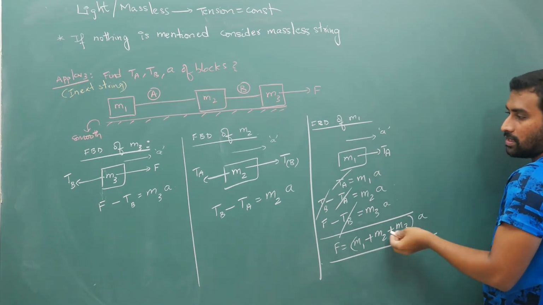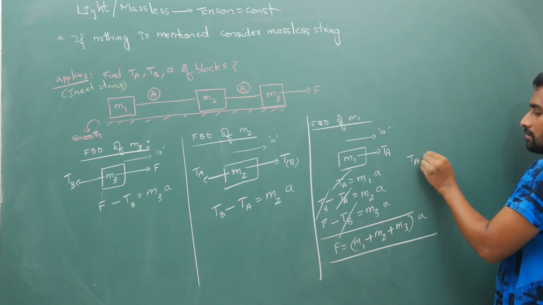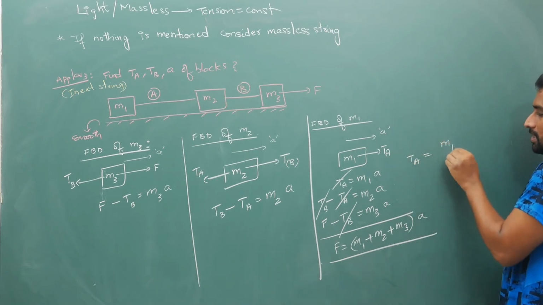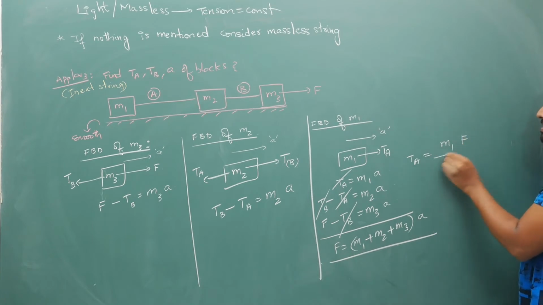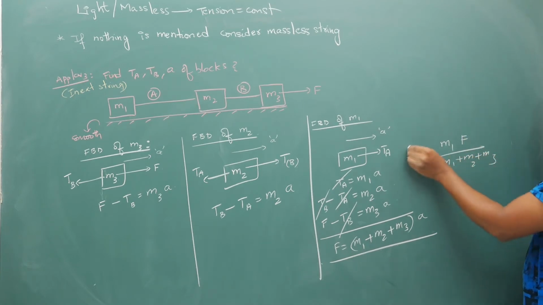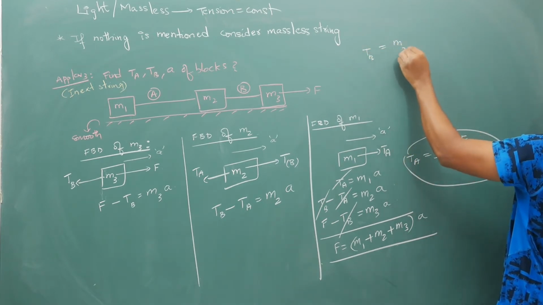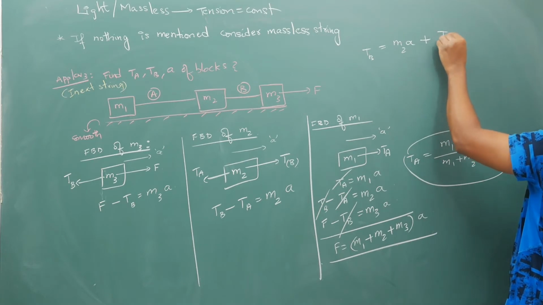Once you get the acceleration, substitute in TA to get M1 times F by M1 plus M2 plus M3. And your TB is M2 into A plus TA.